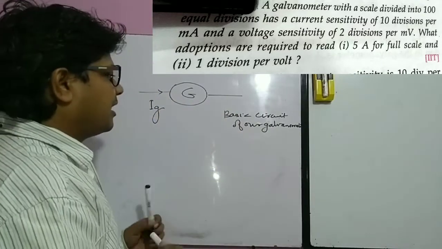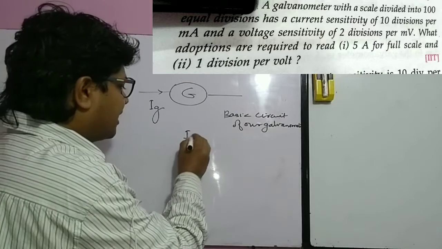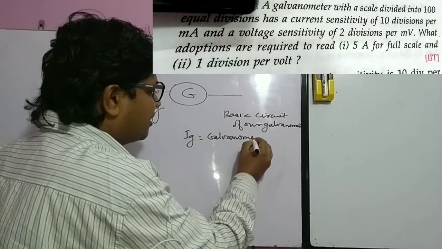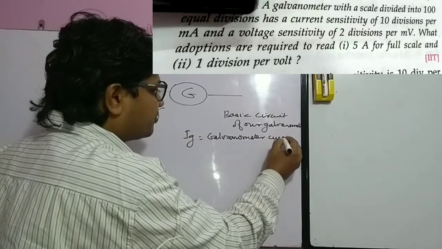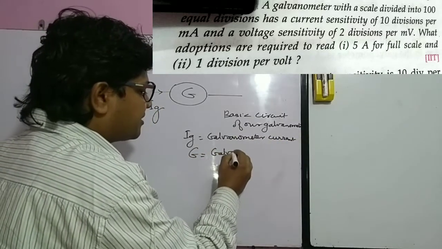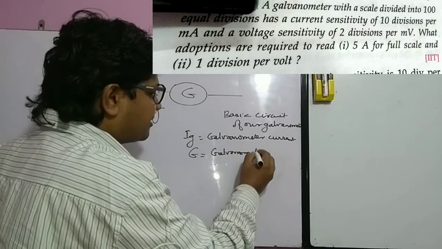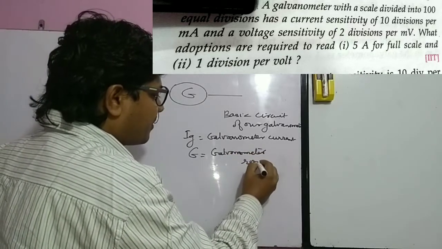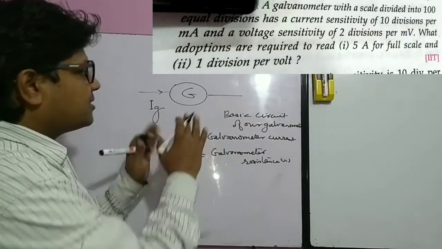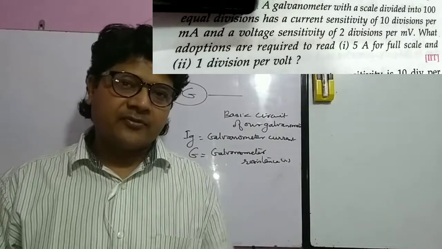This Ig is the galvanometer current. What is G? G is the galvanometer resistance. Fine. So this is the galvanometer you are provided with.